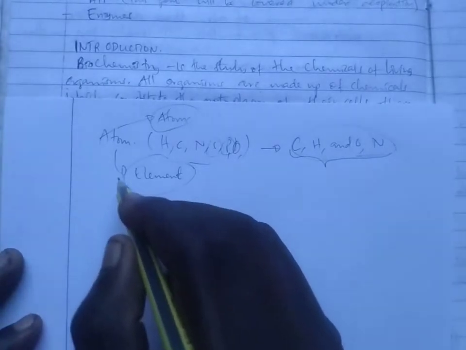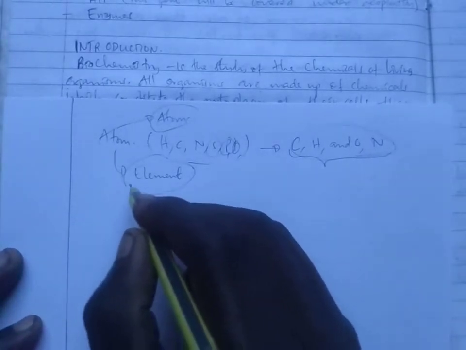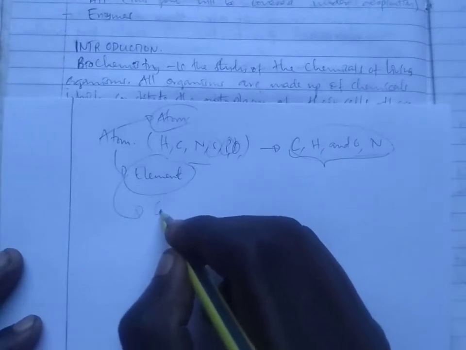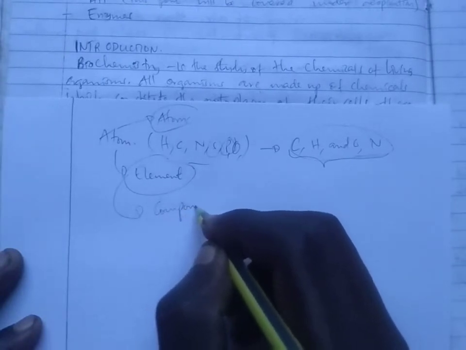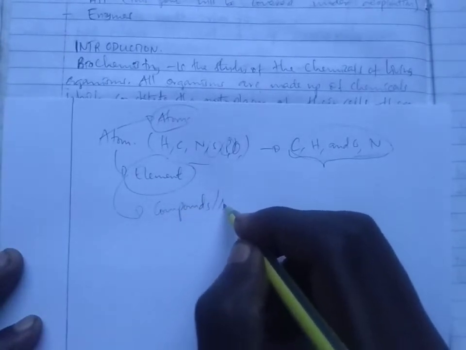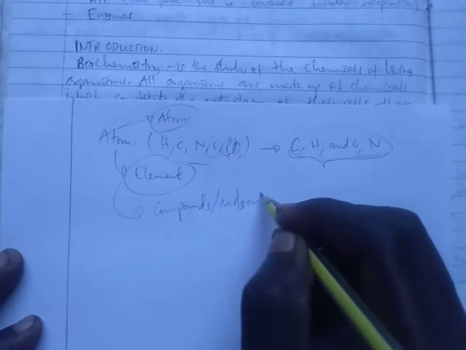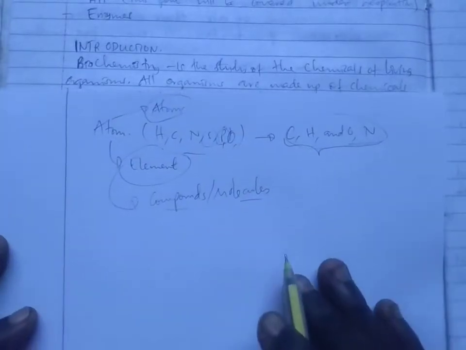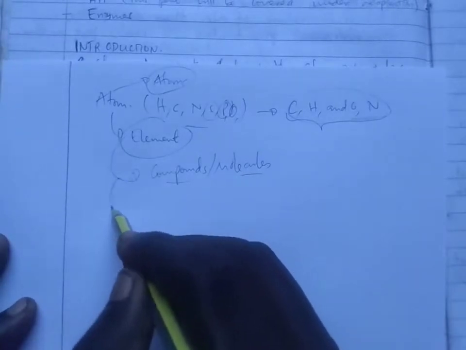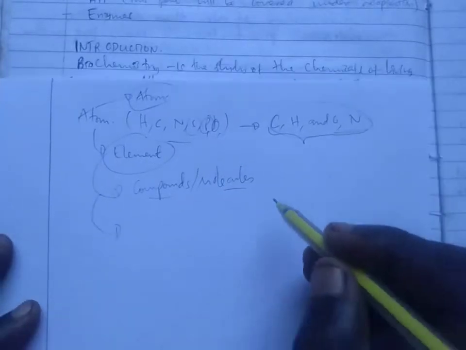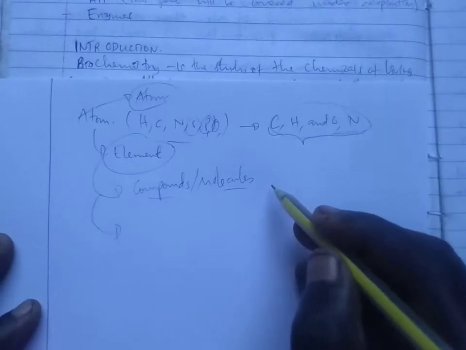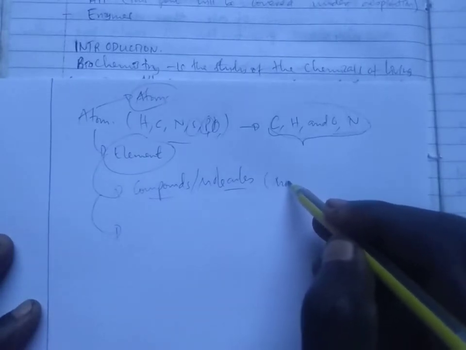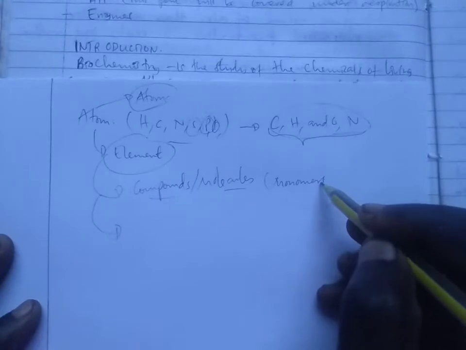And the elements can combine to form what you call compounds or molecules. Unaona? They can form compounds or molecules. The compounds or molecules can combine. These can act as monomers, which combine to form polymers.